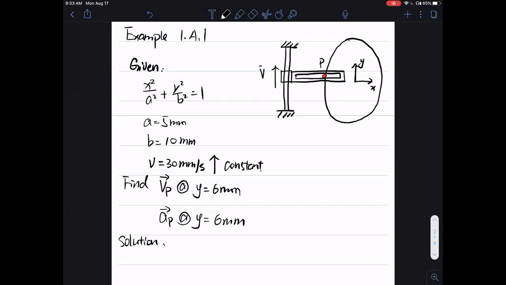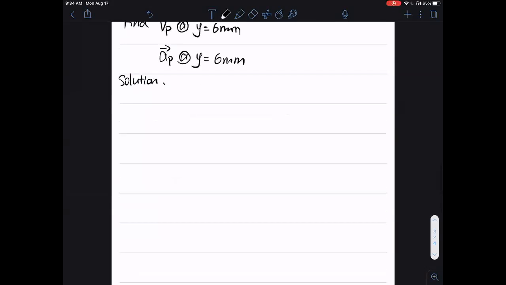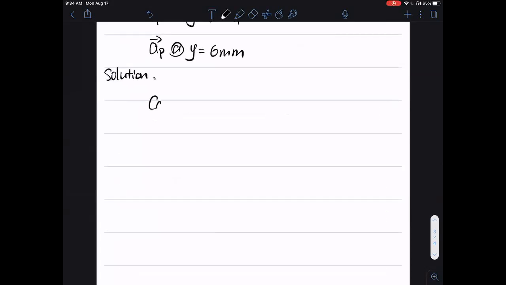Do we have a radius of curvature here? No. Okay, that only leaves us one option, which is the Cartesian coordinate system. So let's use the Cartesian coordinate system.